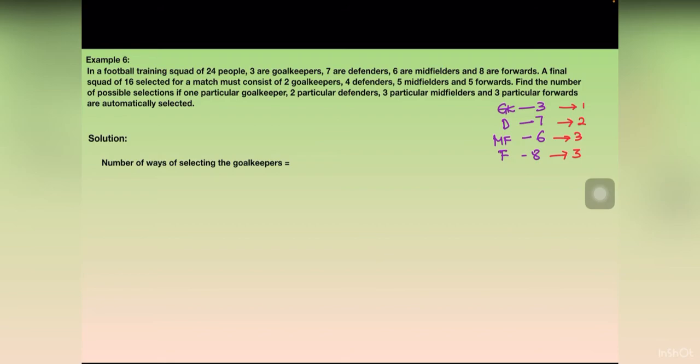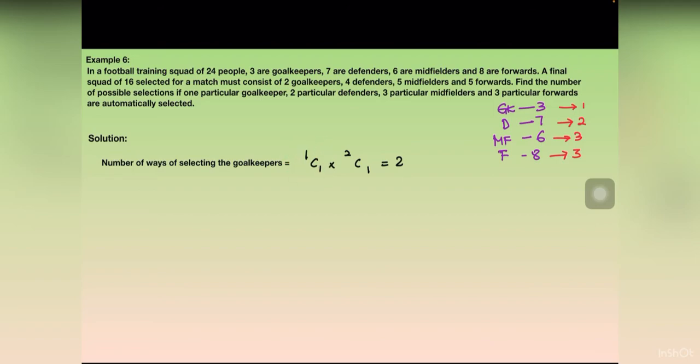So the number of ways of selecting the goalkeepers. We have 1C1, okay, we have to select goalkeepers. We have to select 2 from these 3 persons. This is the particular goalkeeper, so we have to choose this one.